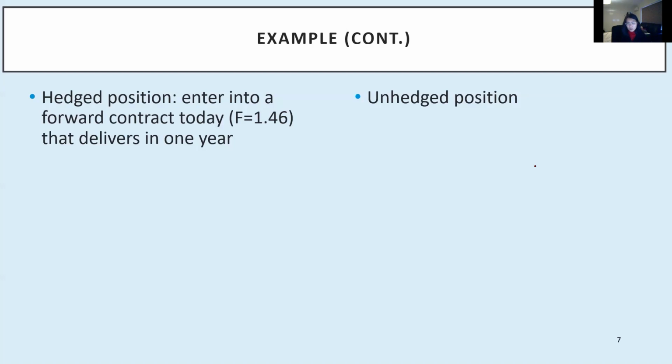And in the future, I'm going to convert that 10 million pounds I'm going to get back into the USD at the future spot rate, okay? So I'm going to compare what happens to a hedge and an unhedged position at different points in time, okay? As of today, with the hedge position, we want to short a forward contract for 1 year. With the unhedged position, we do nothing today, okay?